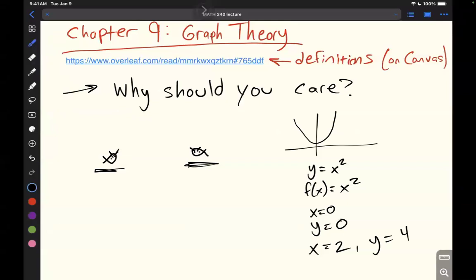And so graphs are all about relations. This relation can mean anything. It could mean these two fish hate each other. It could mean if we've got the people in this class and some people are friends, but other people are not friends, we can draw a line between these people to say they are friends.